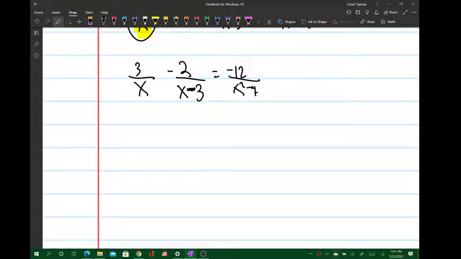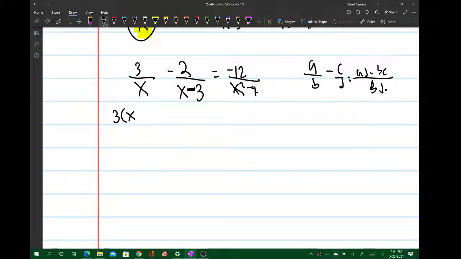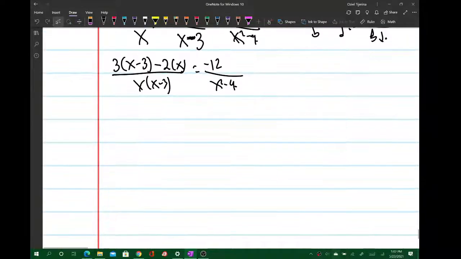So if we do this rule, a over b minus c over d equals ad minus bc over bd, we're going to go ahead and get this: minus 2 times x over x times x minus 3 equals negative 12 over x squared minus 9.